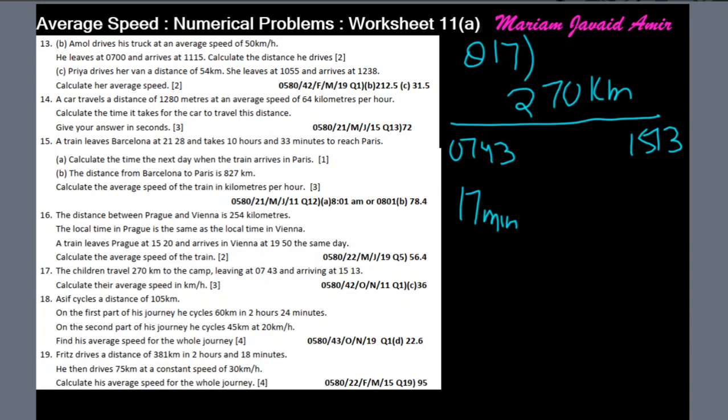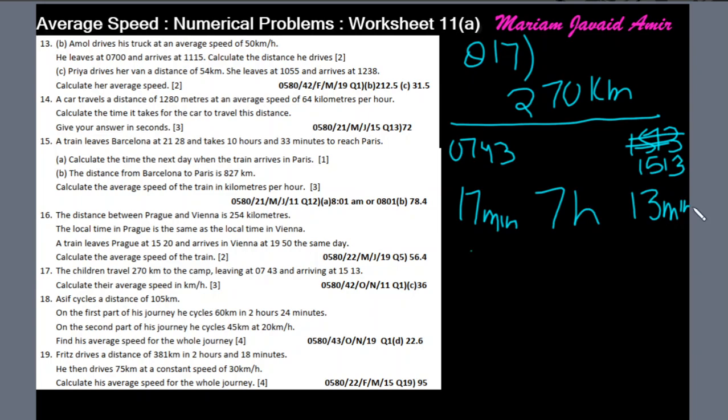From 8 till 15 we have, then from 8 to 15 we have 9, 10, 11, 12, 13, 14, 15. We have 7 hours and then another 13 minutes.